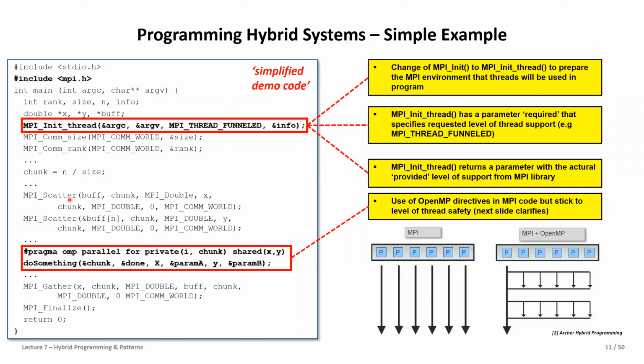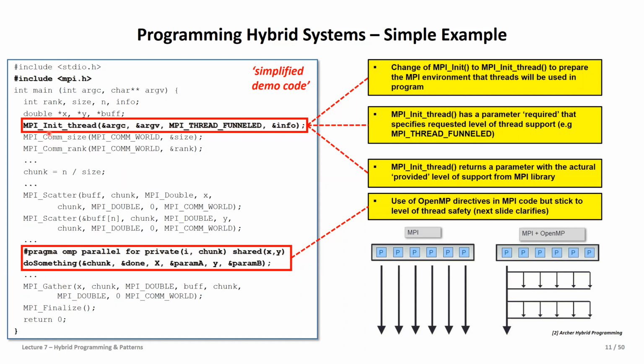In between, I have my MPI scatter to get these variables out to different processes. Then, when this pragma statement has done its parallelization, I do the MPI gather again to get the end result before I do the MPI finalize.